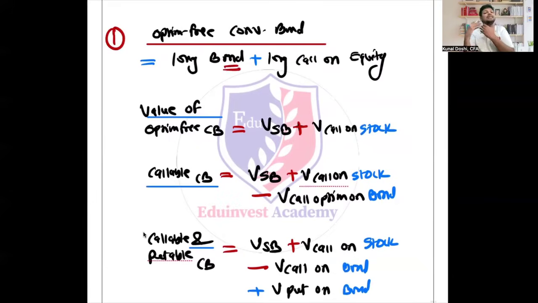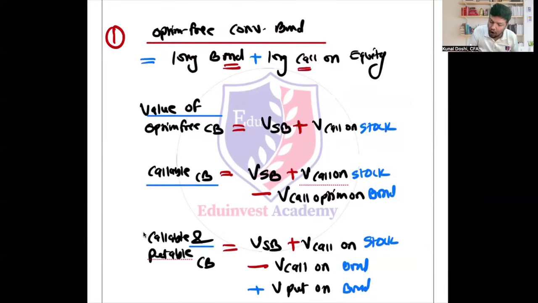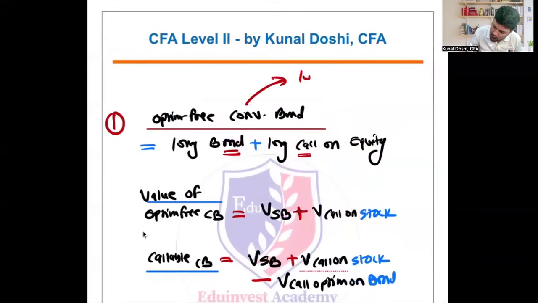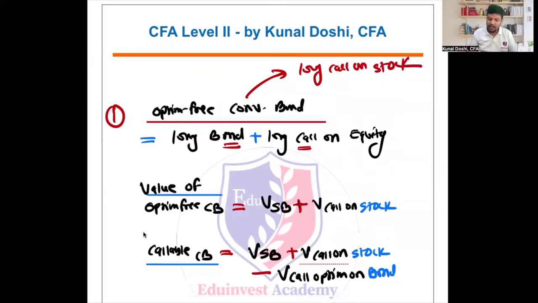You're betting on the increase in the stock price, which is similar to buying a call on equity. Why do I say call on equity? Because you don't lose when the value goes down, because you will at least get the straight value. So the conversion feature is like having a long call on stock, correct?